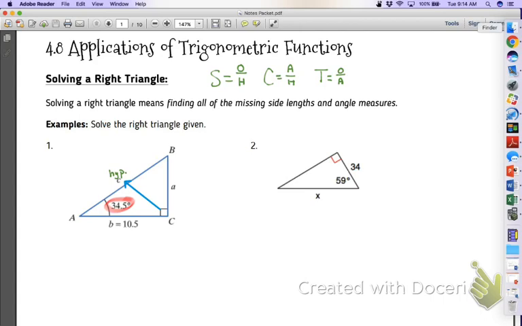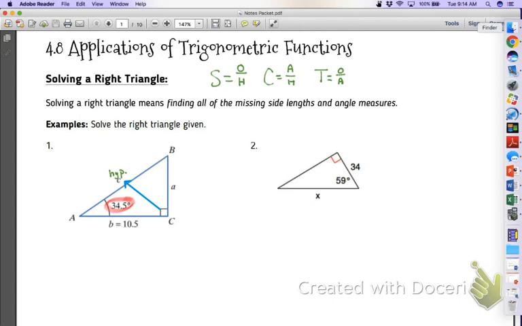With this triangle, we are trying to find side A and side C. You're always going to be given at least two parts: an angle and at least one side.